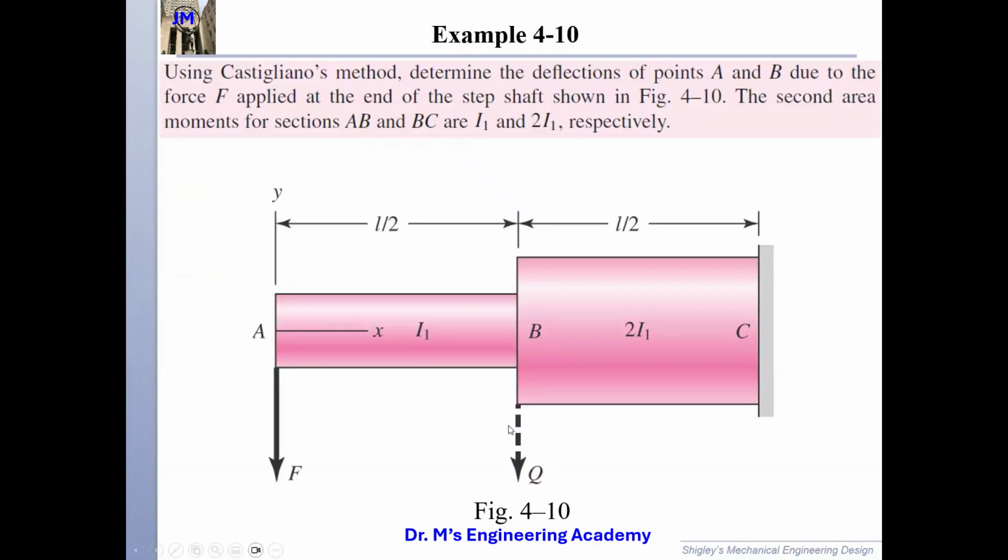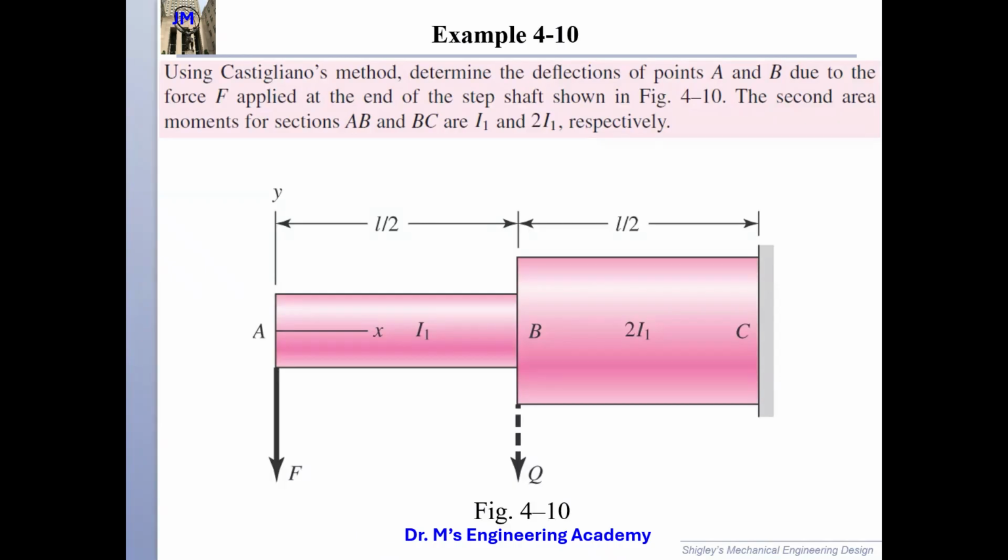Now here is one example. We have the two steps, this one and this one, and the geometry is given. The total length is L, half length for this side and half length for this side, and we have the concentrated force at the left end.